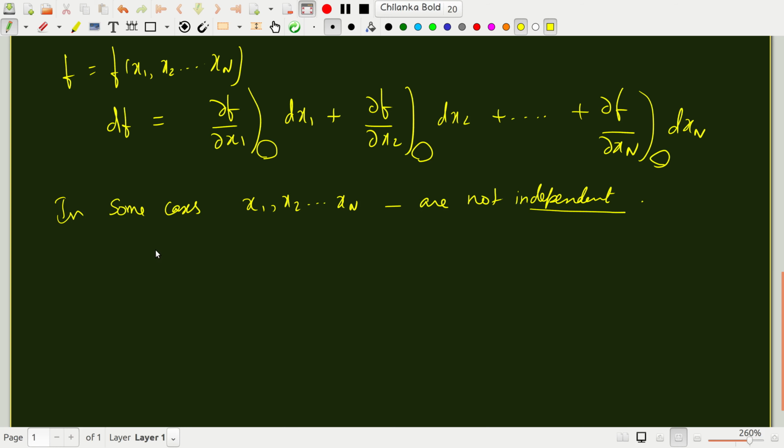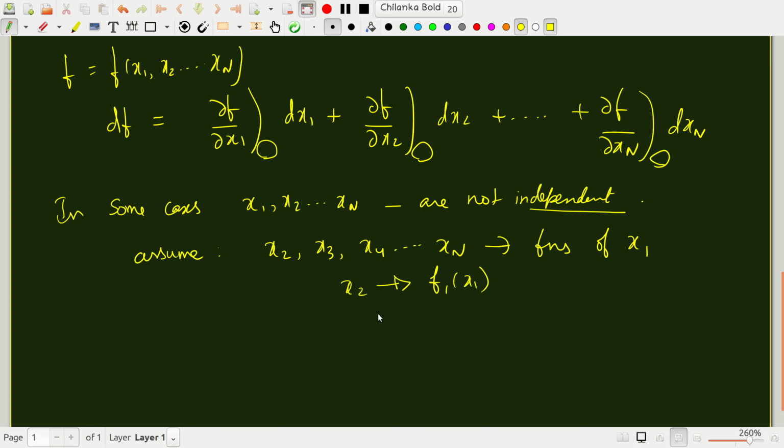For example, let's assume that x2, x3, x4, and so on up to xn are all some functions of x1. So x2 is written as a function of x1, x3 is written as a function of x1, and so on. Let's call this 2.